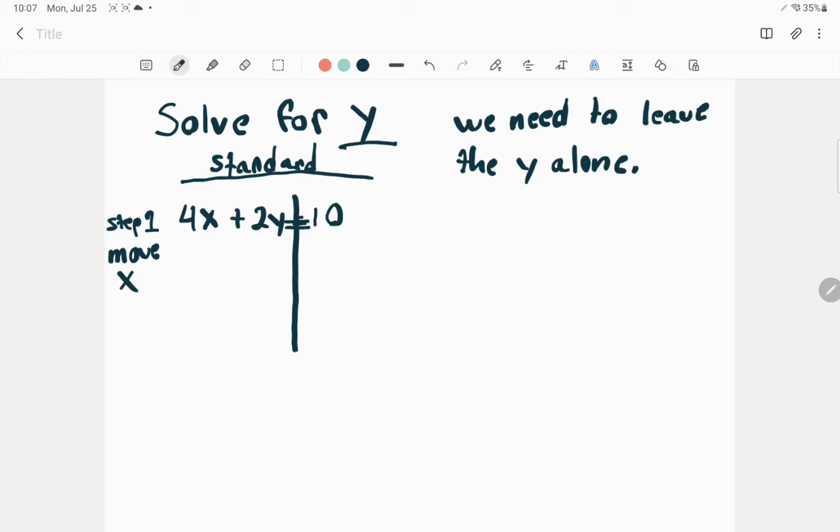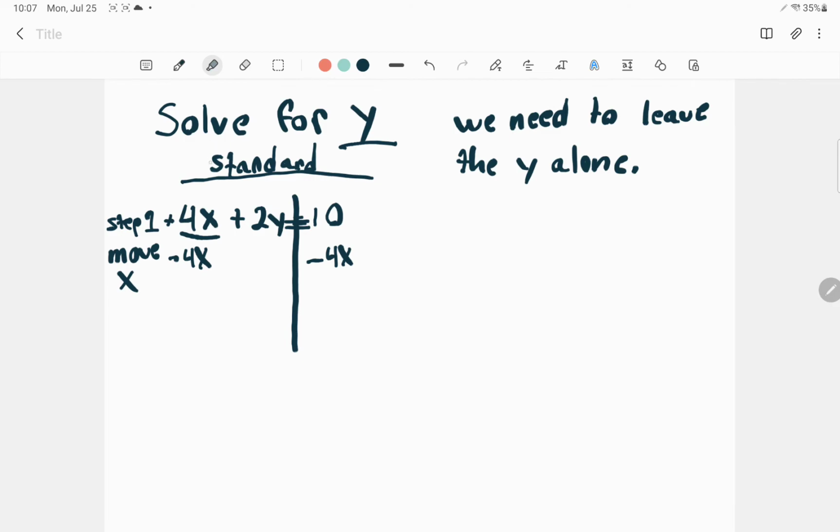So we're gonna move whatever's x and whatever's next to it to the other side. This is a positive 4x. So what's the opposite of positive 4x? Negative 4x. What I do to one side, I have to go ahead and do to the other. There we go.